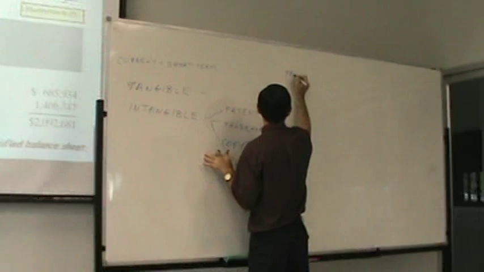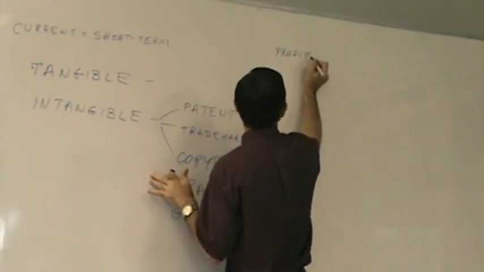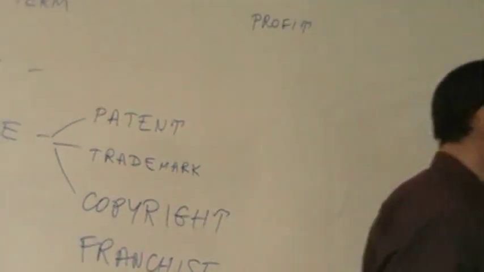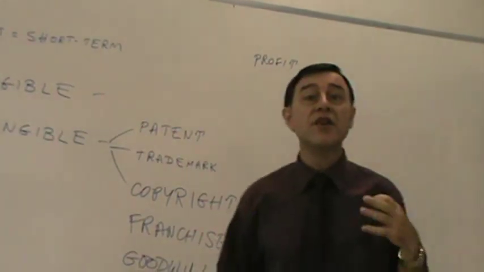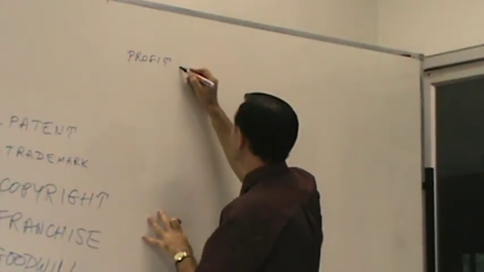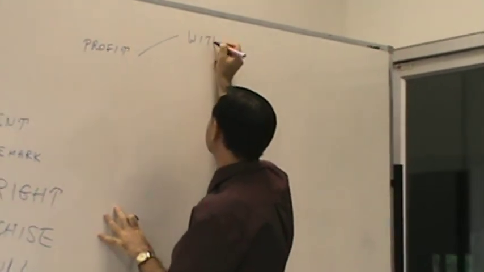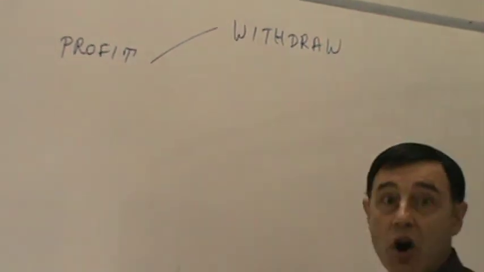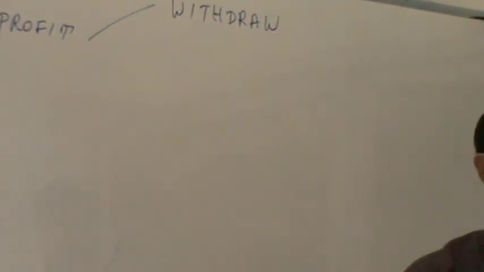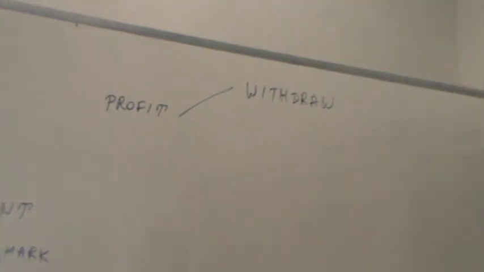When you have profit, you can do one of two things with a profit. You can withdraw, meaning when you create a new profit, you can do one of two things.